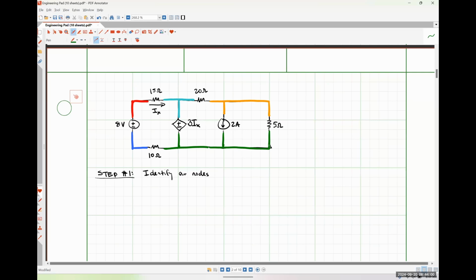So we've identified our nodes. Our next step will be to choose a reference node.